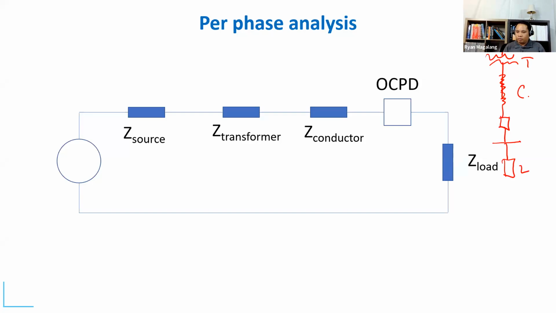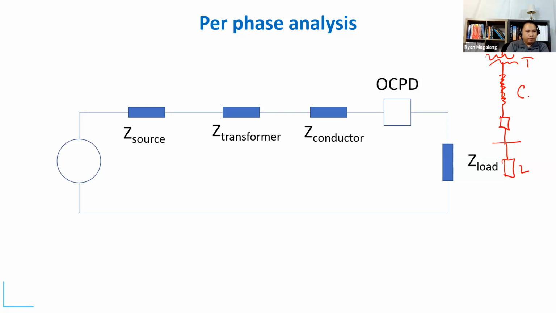We would convert the different parameters, your sources, your transformer, your conductors and your loads, to an equivalent impedance, and then we would reduce the network into one single impedance, and that's what we call a Thevenin equivalent impedance.